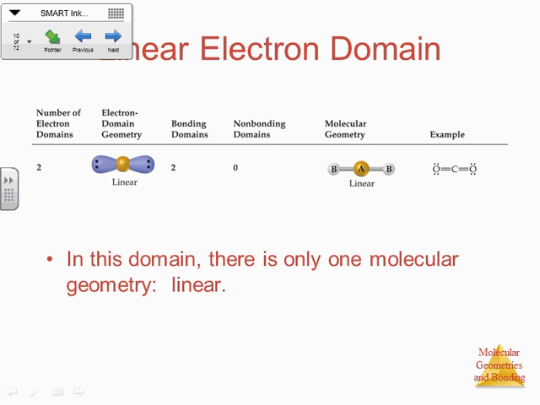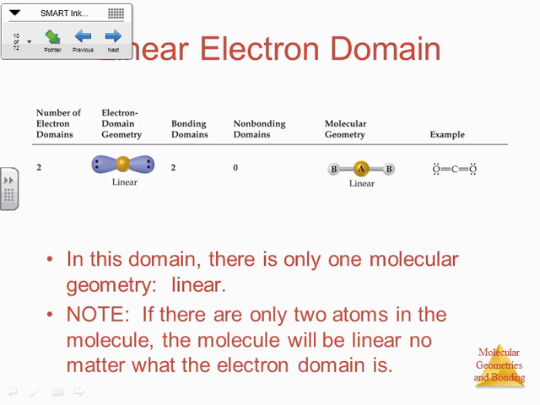So in the second domain, there's only one possible geometry, that is linear. And another thing you have to think about here, if we just have 2 atoms in the molecule, there really is no central atom.